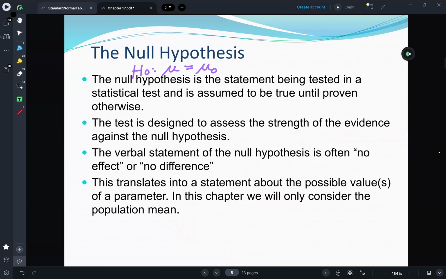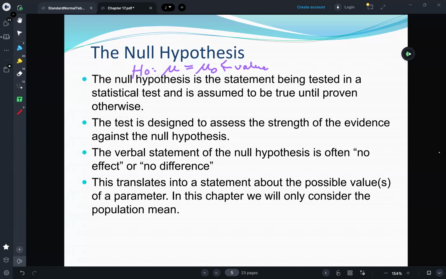So the null hypothesis, H naught, is mu is equal to some hypothesized value. Here mu naught is a number that you're testing. And it's assumed to be true until proven otherwise. And so the test is designed to assess the strength of the evidence against the null hypothesis.